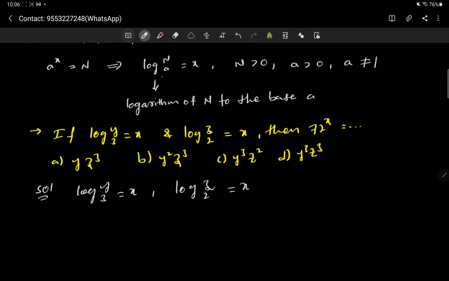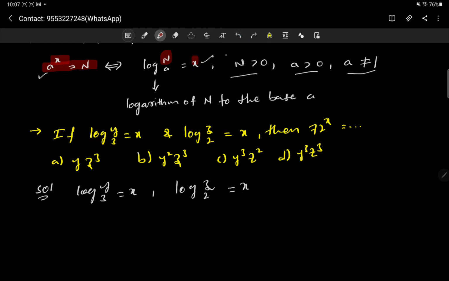Whenever we have log n base a as x, we can take this equation by removing log, where these two numbers interchange.